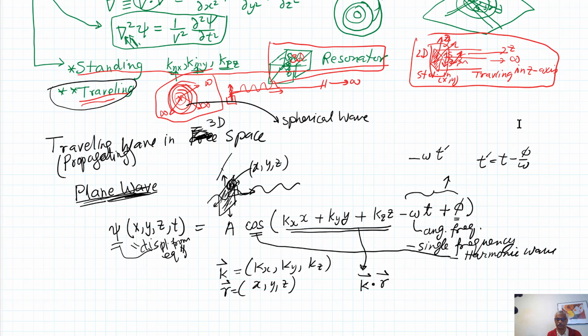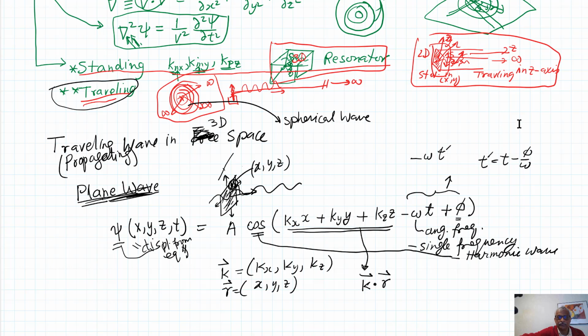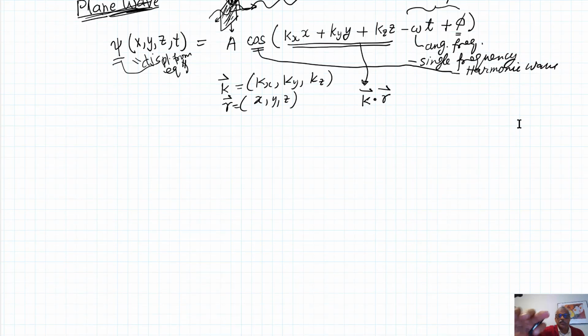So I've got this. What k is called is the wave propagation vector.